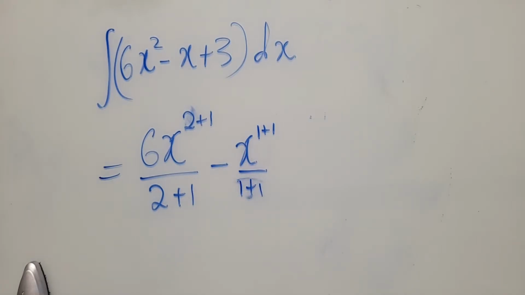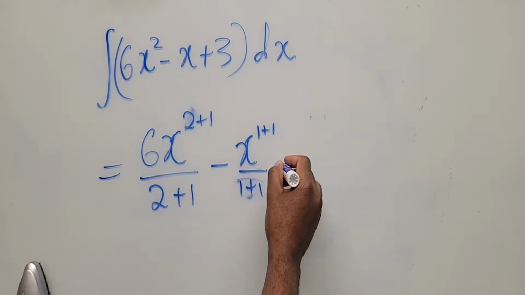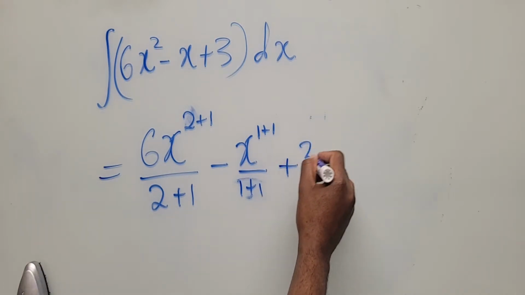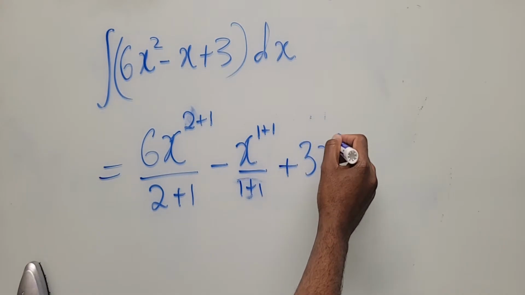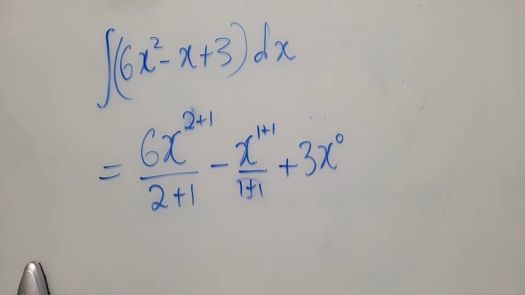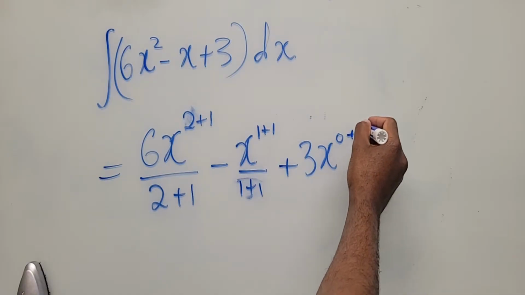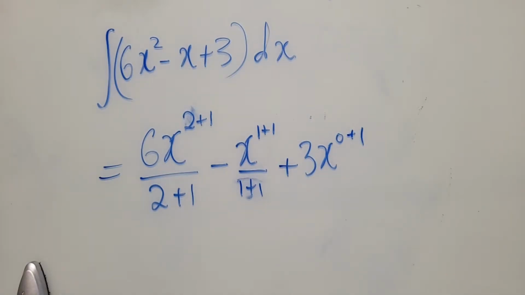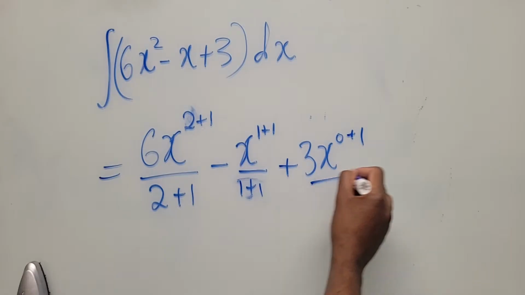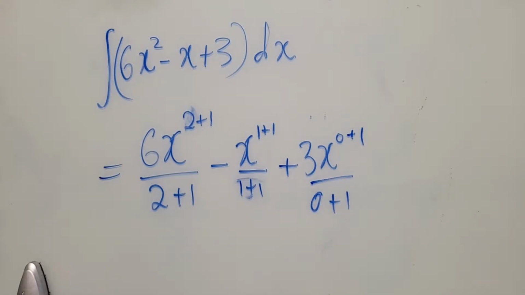Okay, now what about 3, right? So remember, 3 is 3x to the power 0, right? Any number to the power 0 is 1. So 3x to the power 0, that is just plus 1. Okay? Then in the denominator, 0 plus 1. Okay? Then now we can do our simplification.